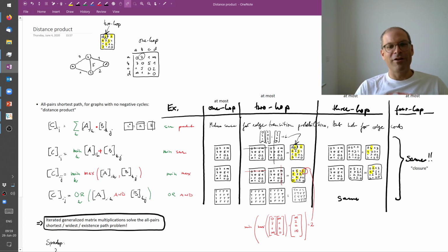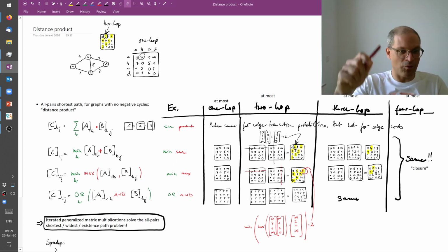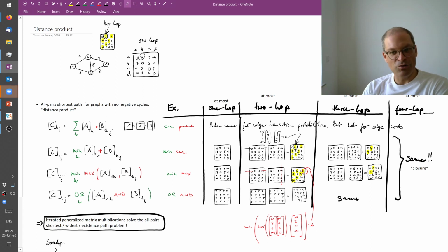Now, a disclaimer, this is all pairs shortest path. Oftentimes, you will not be able to afford even storing this all pairs matrix. So if you have 1,000,000 pixels in your image, then the all pairs matrix would be 1,000,000 times 1,000,000, and that's likely too large for your computer.